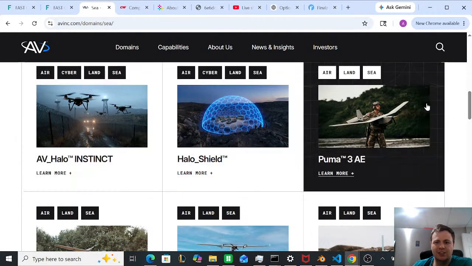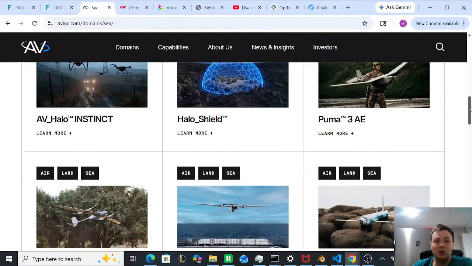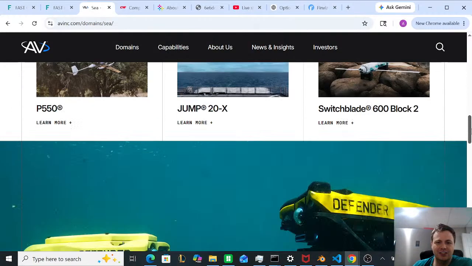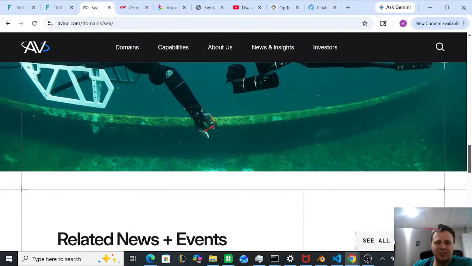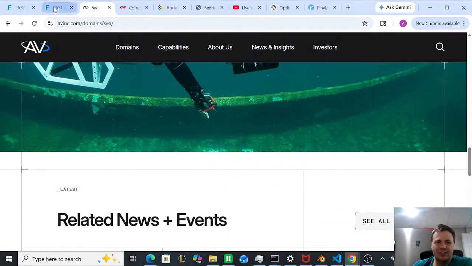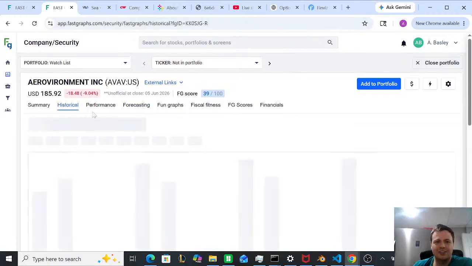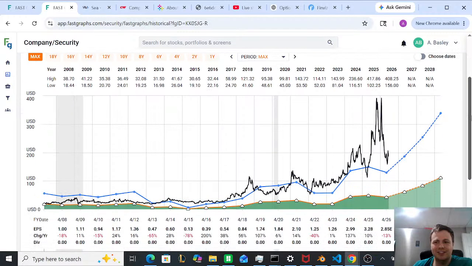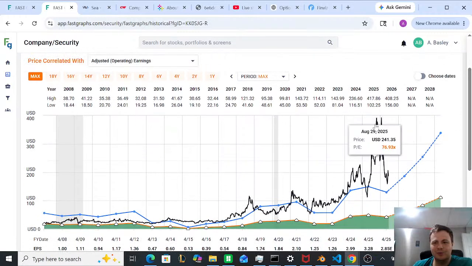This is a really cool company, with the flash and the shiny new stuff. That's why, when you see shiny new stuff, you see this giant run up. That's typically from companies with flashy, shiny things.